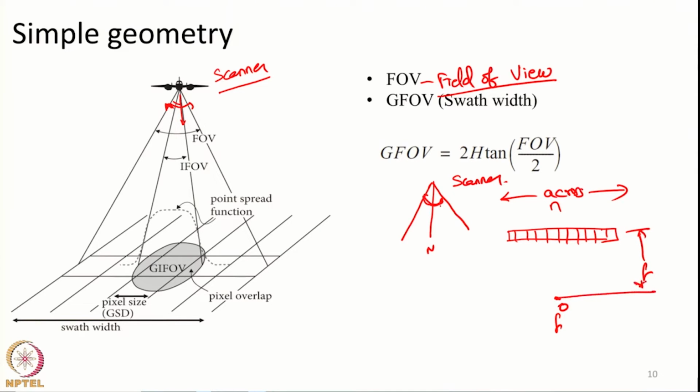Earlier, when we talked about one single detector element, we calculated IFOV, that is, from this objective point O, the angle subtended by one detector element.